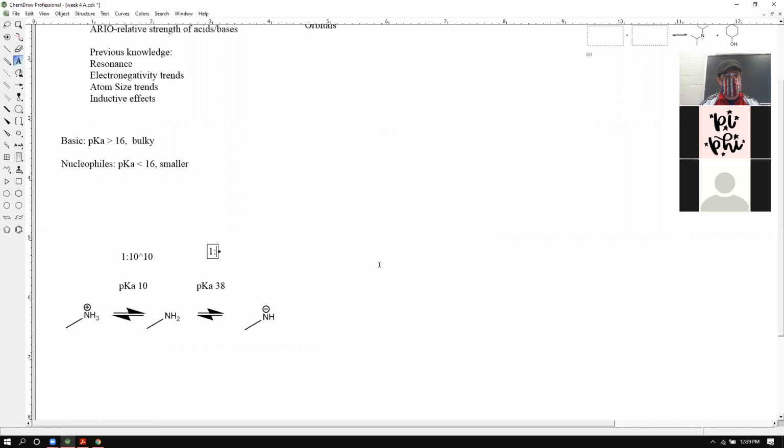Here, for every one molecule that deprotonates, there's 10 to the power of 38 that don't. And if you take 10 to the power of 38 and divide it by 10 to the 10th power, you're going to find out it's a massive, massive difference in acidity. Okay? So that's how you go from the logarithmic scale to the linear scale.